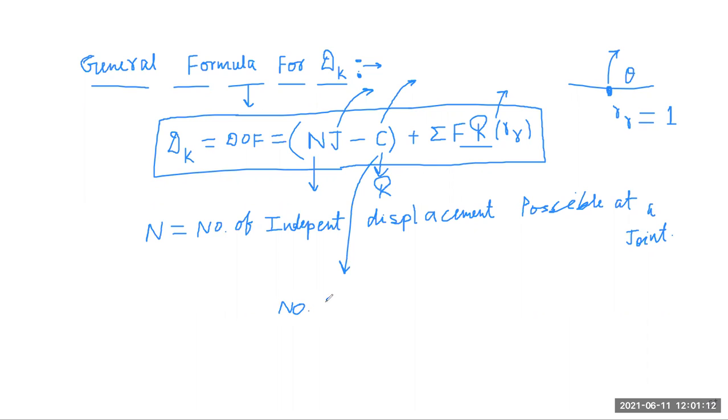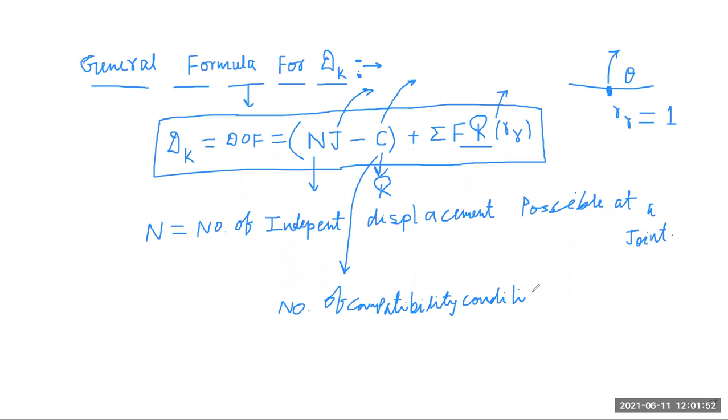Number of compatibility conditions. So basically this is the general formula of your dk.